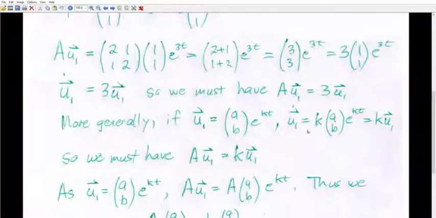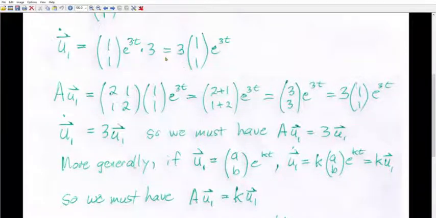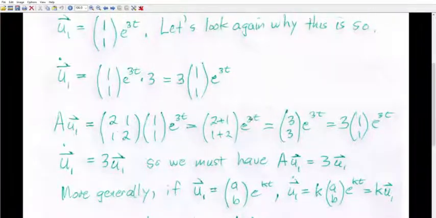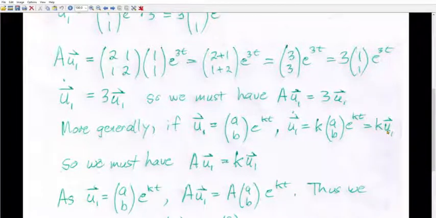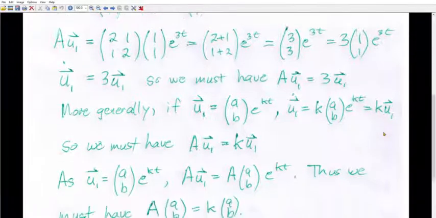Now, generally, if u1 were (a, b) e to the kt, which is a more general form of this solution, u1 dot is going to be (a, b) times the derivative of e to the kt, which is k e to the kt, and that's going to be k times the vector u1. So u1 dot is going to be k u1.